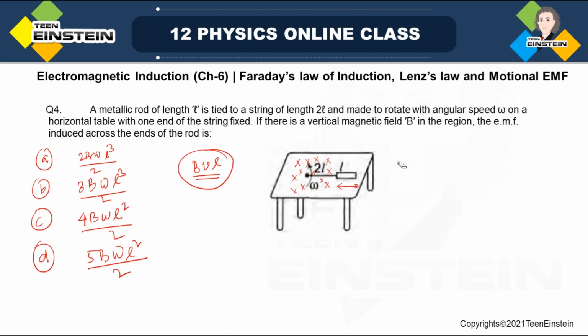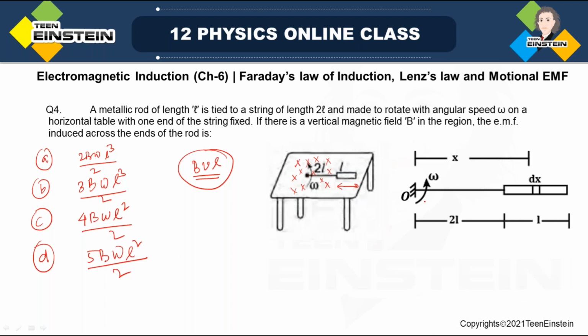Let me show you a representative figure. This is the string, one end of which is fixed to a rigid object. This is 2L, the length of the string, and the total length including the rod is 3L, as shown here.